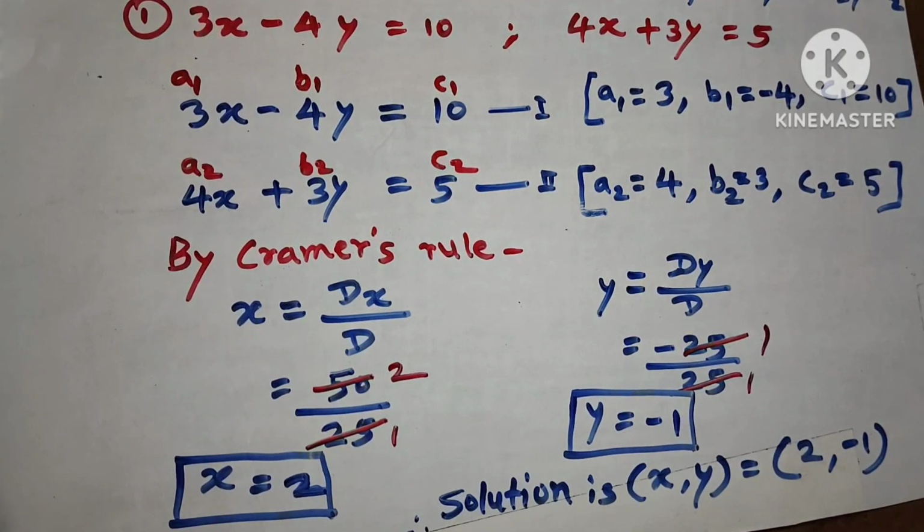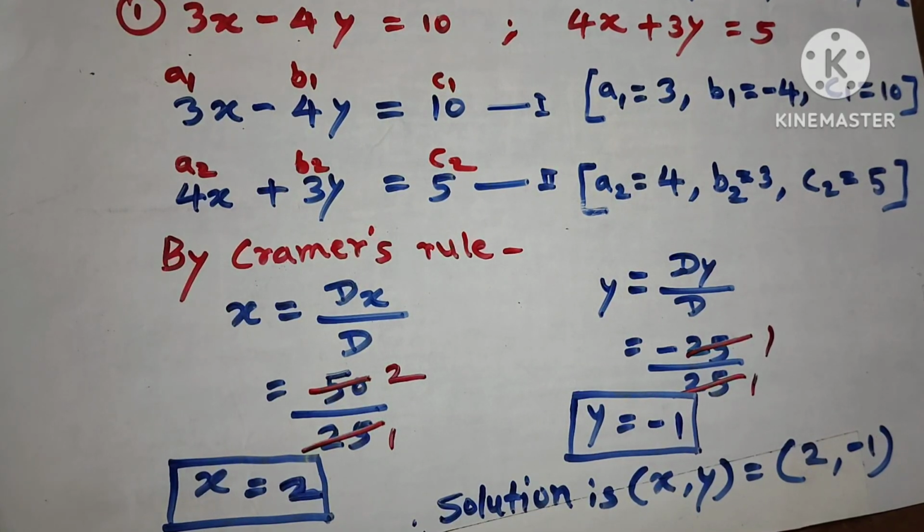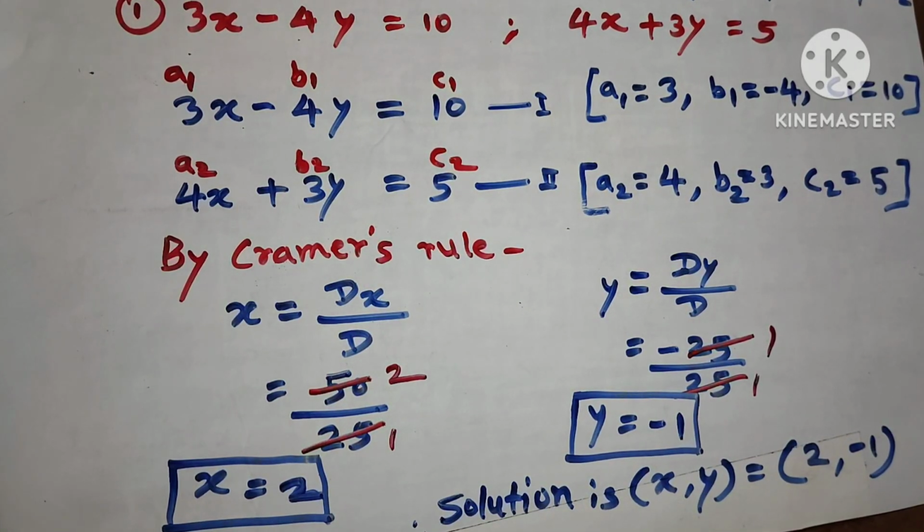Therefore, the solution is x comma y is equal to 2 comma minus 1. This is the solution of the given equations.